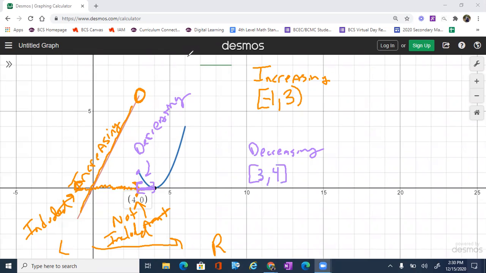We continue to work our way across, and you'll notice that the graph begins to go back up. And so once again, it is increasing. We've already found out that 4 counts as an answer because we traced it there. But let's go to the end of the increasing section. If I go all the way to the end, it says undefined. And so that tells us, since it's undefined, that answer does not count there.